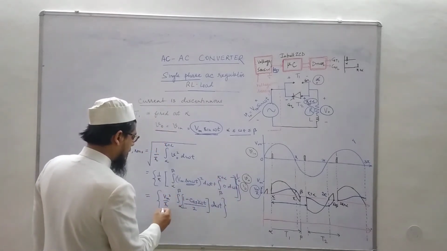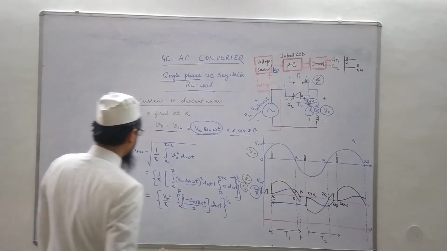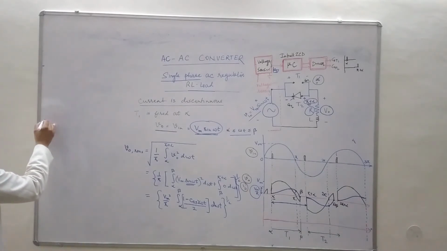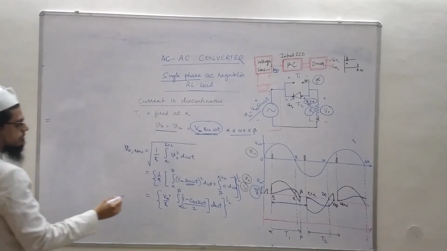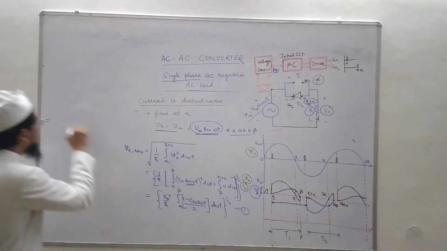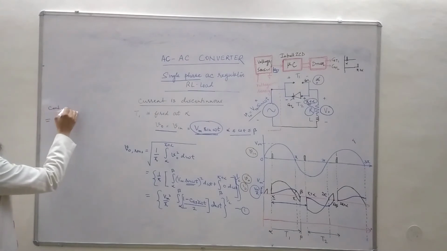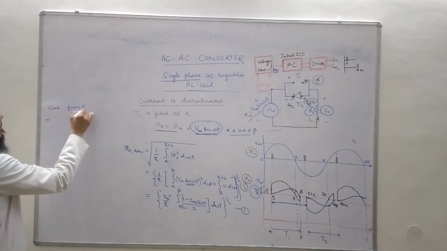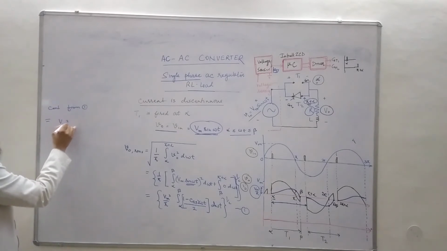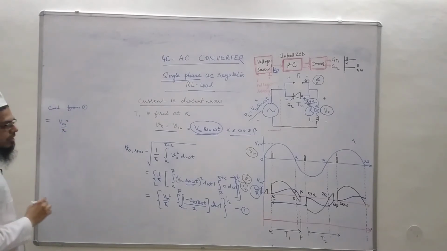So this entire thing is within the root. So now this is equal to Vm square upon pi.